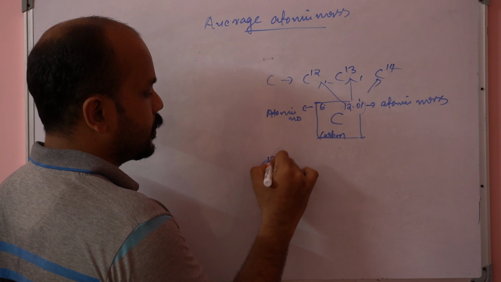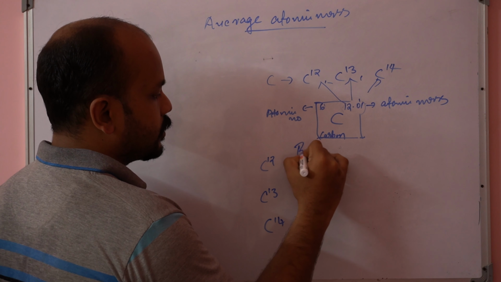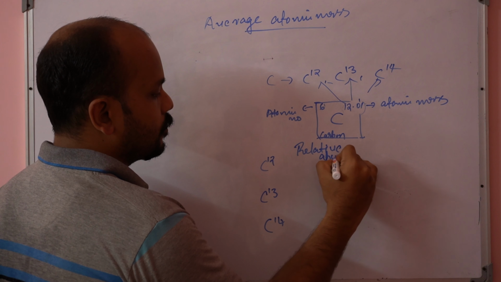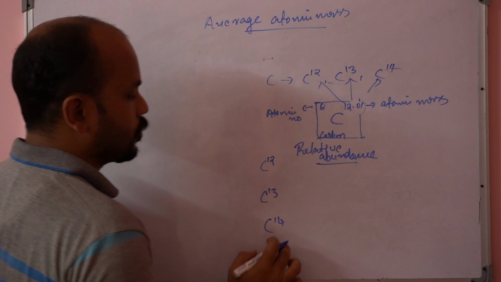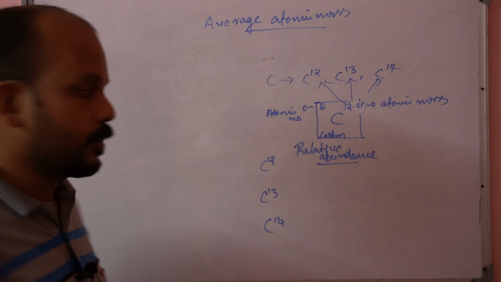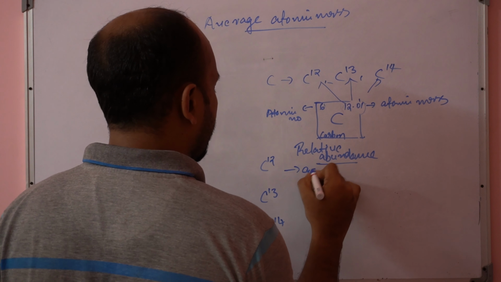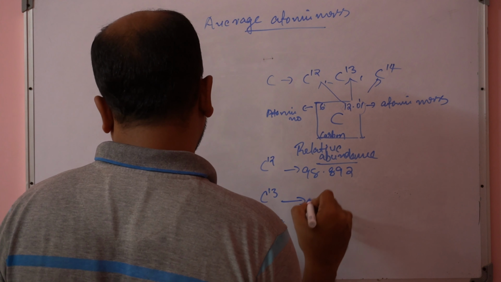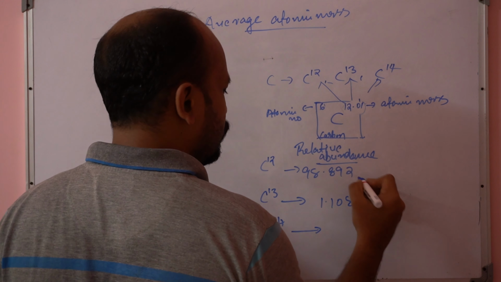Consider C12, C13 and C14. We will see their relative abundance. Relative abundance is nothing but what percentage of these particular isotopes are present on the earth. For example, C12 is 98.892, and C13 is 1.108, in percentage.